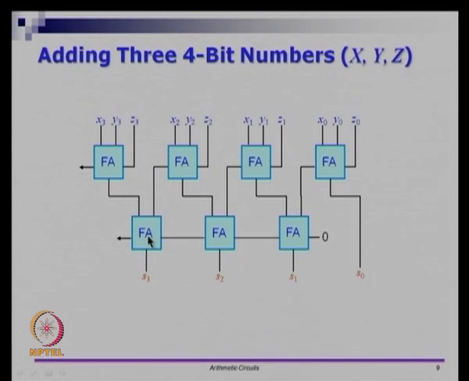Have another array of full adders where you take sum from the previous stage and carry from the next stage, add it together, and the carry in should come from the rightmost side. So this is the first level of full adders, this is the second level of full adders. So we are not reusing the full adders, we are actually having a circuit which has 7 full adders here. If you put this circuit in 2 steps, in 2 full adder delays, we can add 3 numbers.